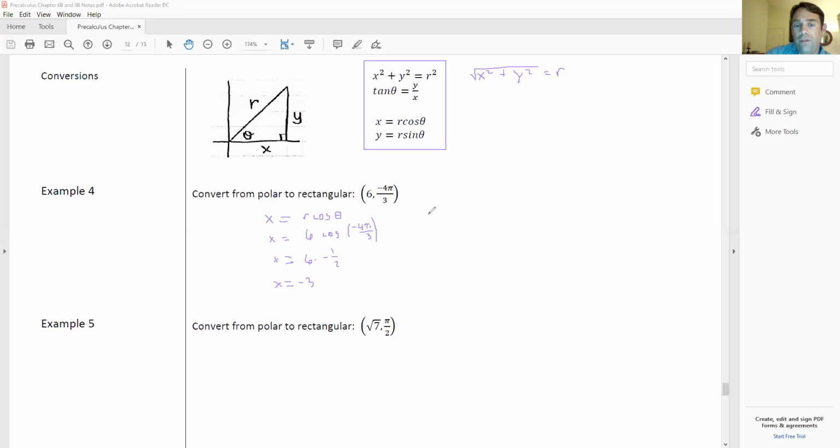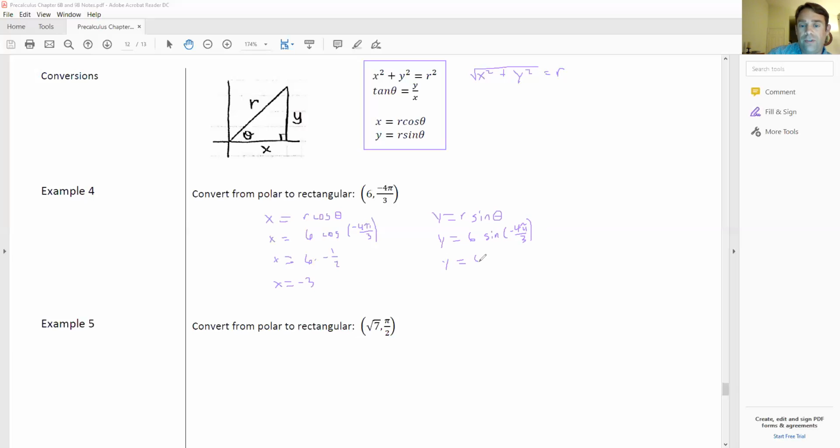And then we can do the same thing with the y value. y equals r sine theta. So that means y is going to be 6 times sine of negative 4 pi over 3. And again, that'd be 2 pi over 3. So sine of 2 pi over 3 is root 3 over 2.